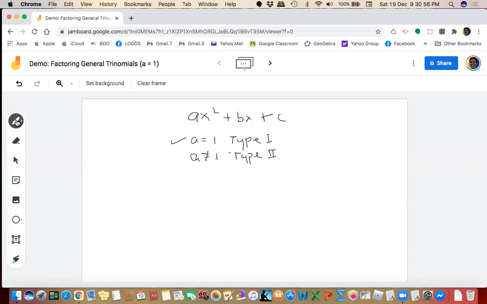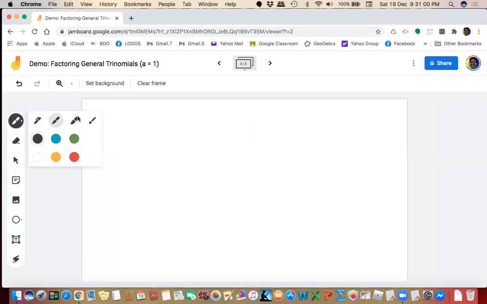So let's consider this problem. X squared plus 9x plus 18. As you can see, the x squared does not have any coefficient.